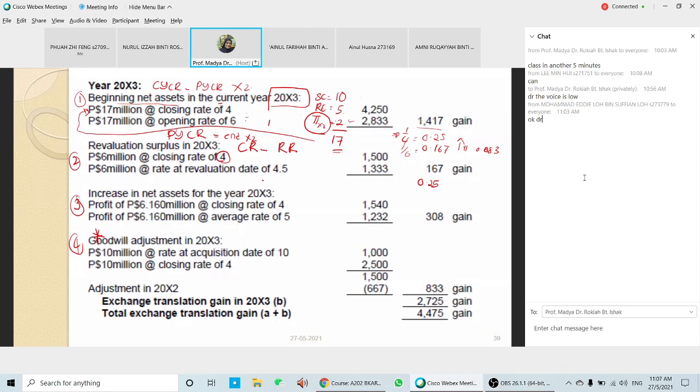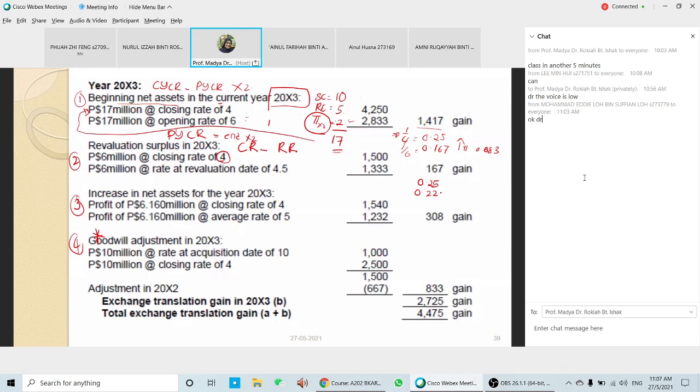Revaluation rate is 4.5. 4.5 here is 0.22, isn't it? 1 divided by 4.5 is 0.2223.